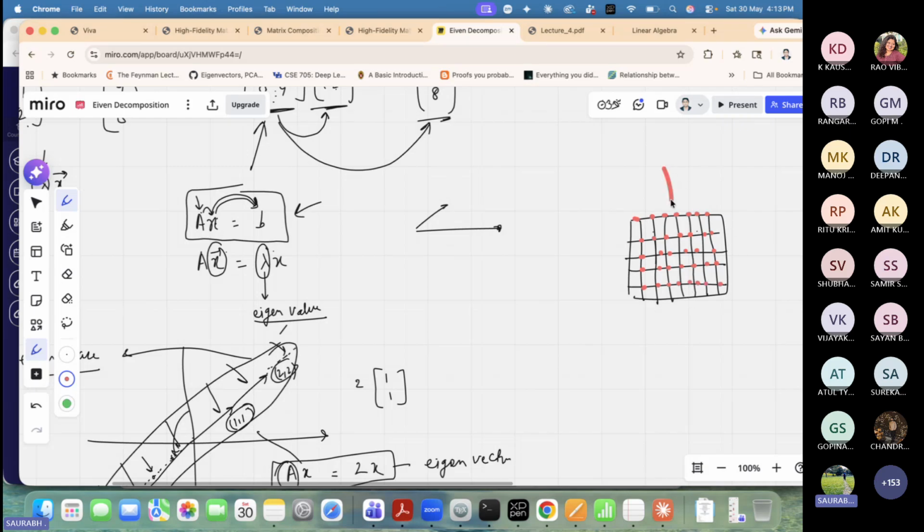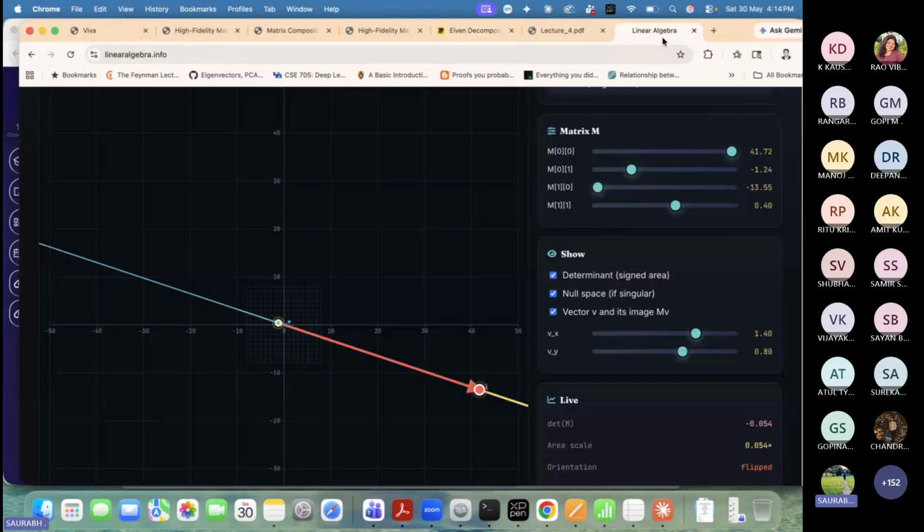But because of the matrix A, when you multiply any one of these vectors, let's say this vector would go to a new point here. Let's say that this is the origin. Okay. So this vector is getting to a new point here. Similarly, this particular vector might move to a new point here. There could also be some vectors which will not change their directions during the transformation. And this is what has been visualized here.